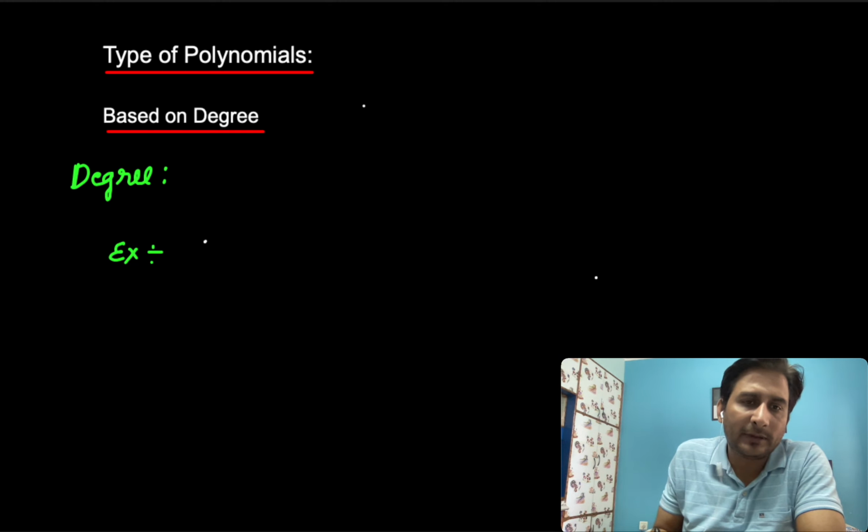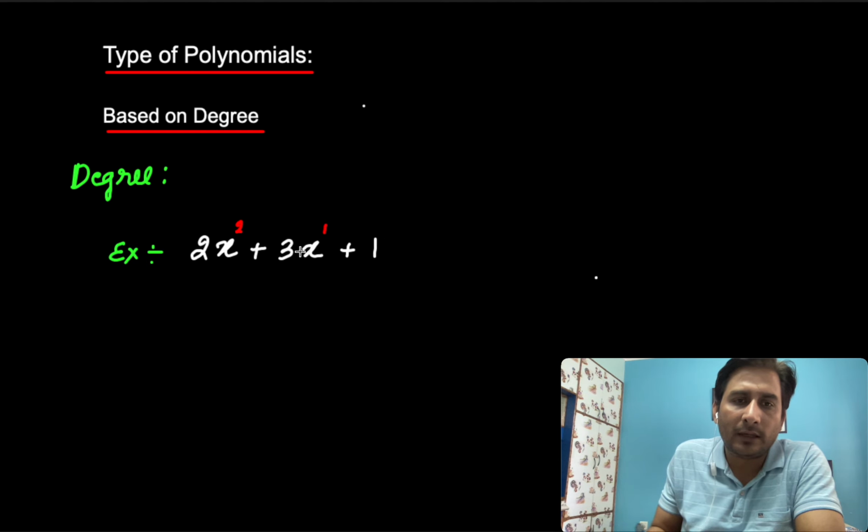Suppose I write an expression here: x power 2 plus 3 x power 1 plus 1, right? So look at the power of the variable.